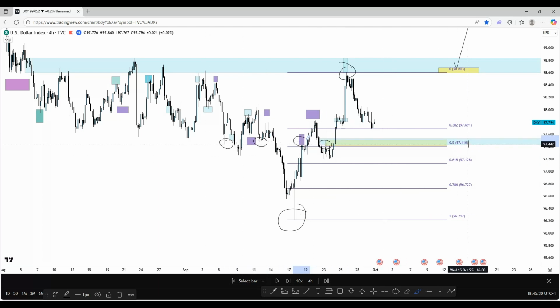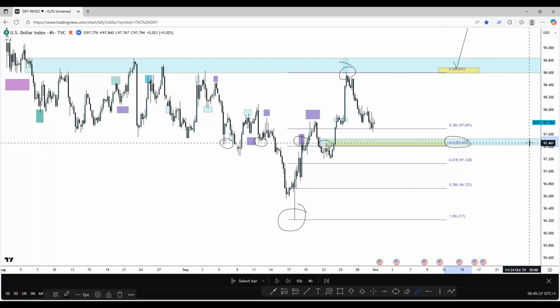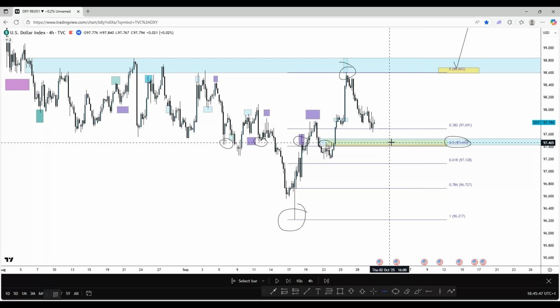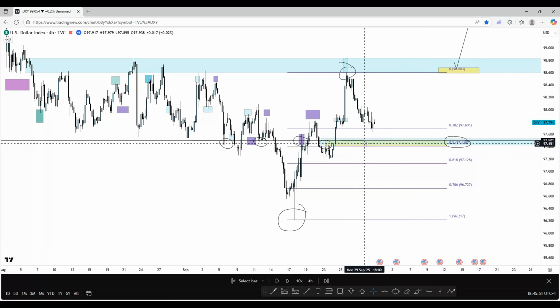On top of that, we also had the 50 Fibonacci, which gave me confluence that price was going to push up. And if we look to the right-hand side, you can see the 97.5 region, which was a round number, and that line's just gone very wrong, but we had the round number at 97.5, which gave me multiple confluences in this yellow zone that the dollar was going to get strong.